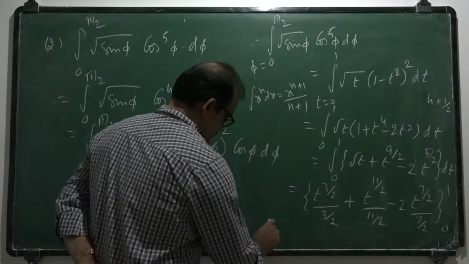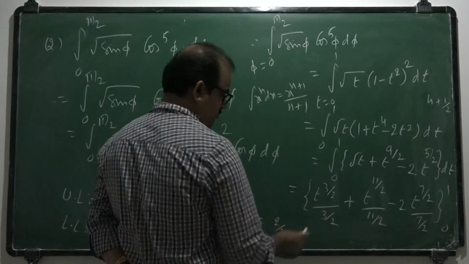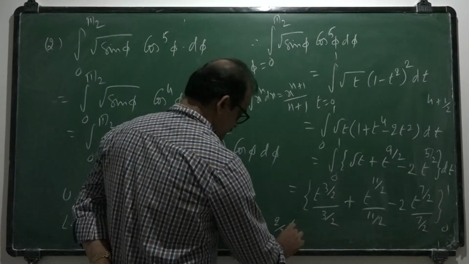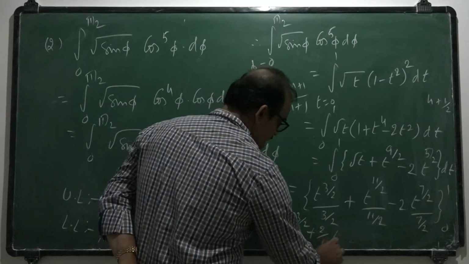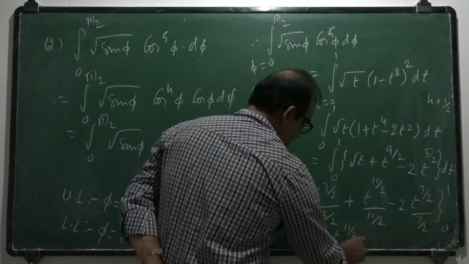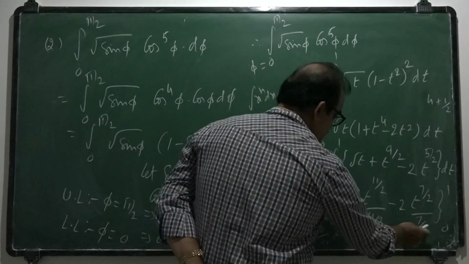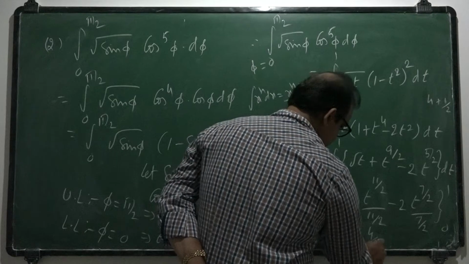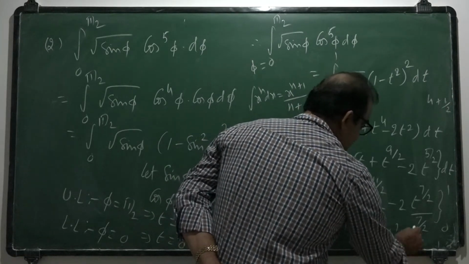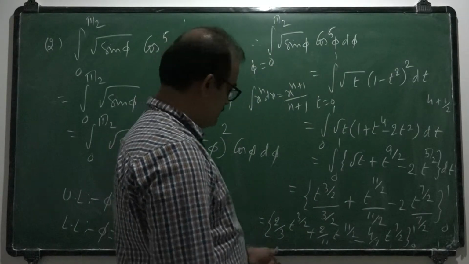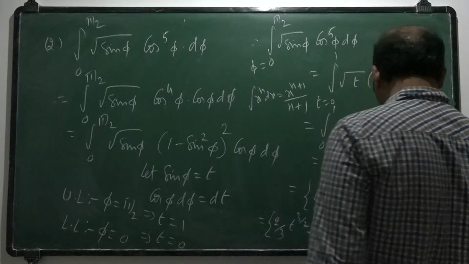Now it is 2 by 3, 2 goes to numerator, t power 3 by 2, plus 2 by 11 into t to the power of 11 by 2, minus 2 into 2, 4 by 7 into t to the power of 7 by 2, between the limits 0 to 1. Okay, first you apply the upper limit. What is the upper limit? 1.